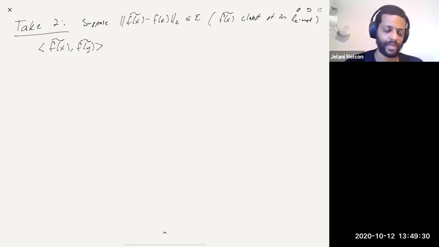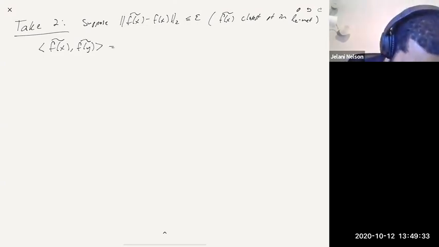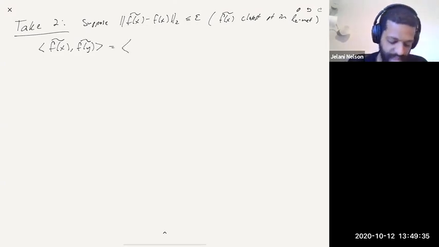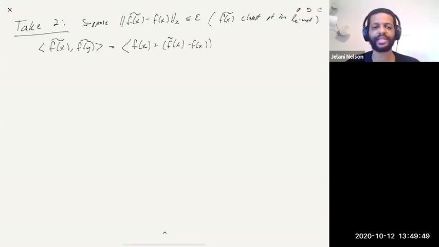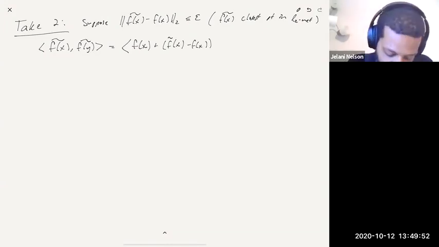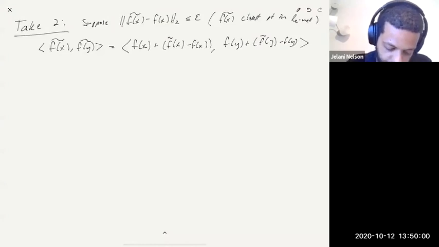Okay. I can basically add and subtract the same numbers, so that I get 0. This is equal to f(x) plus (f tilde(x) minus f(x)), since I just added and subtracted f(x). So this is still f tilde(x) dotted with f(y) plus (f tilde(y) minus f(y)).